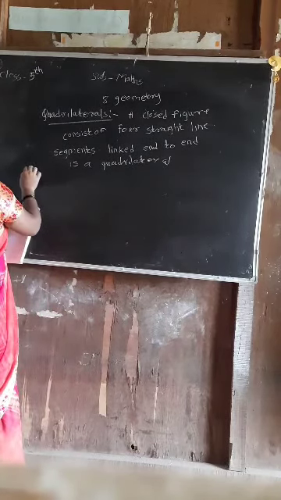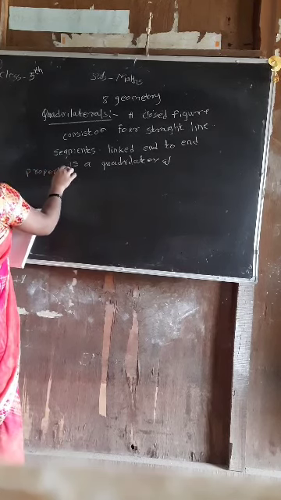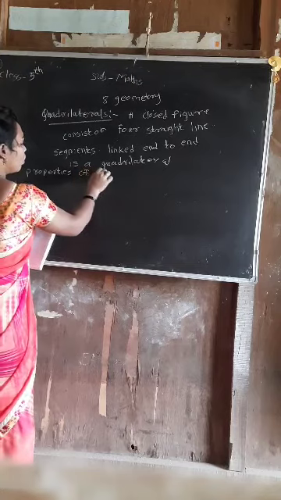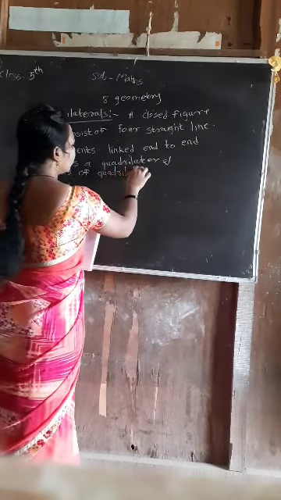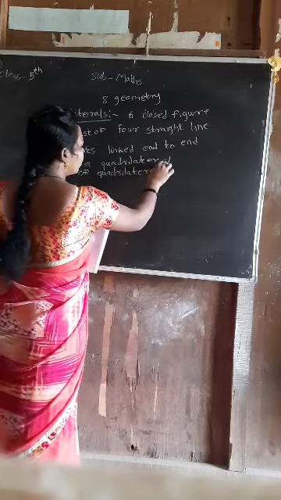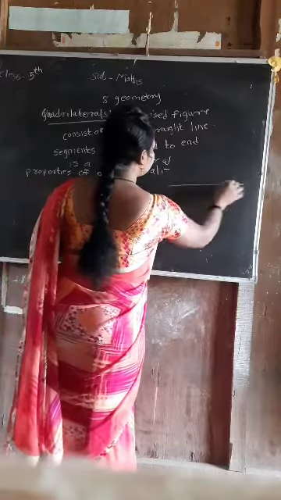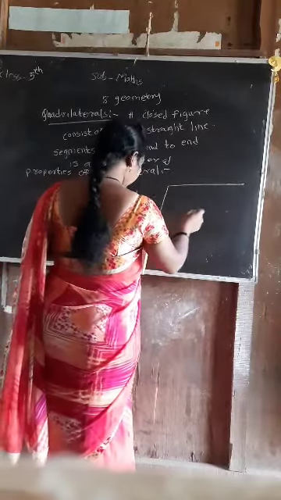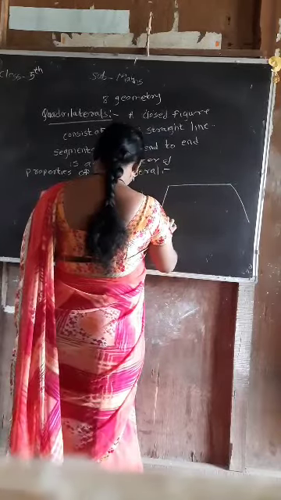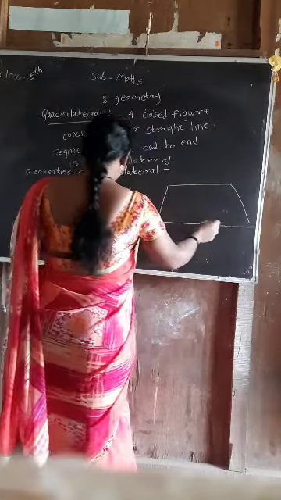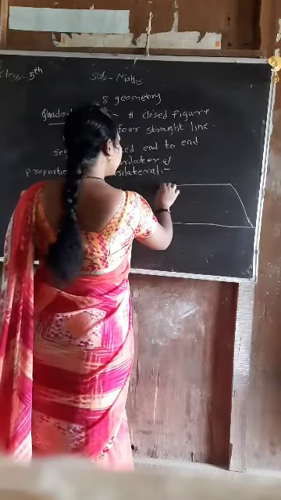Next point is properties of quadrilateral. We draw one quadrilateral ABCD.